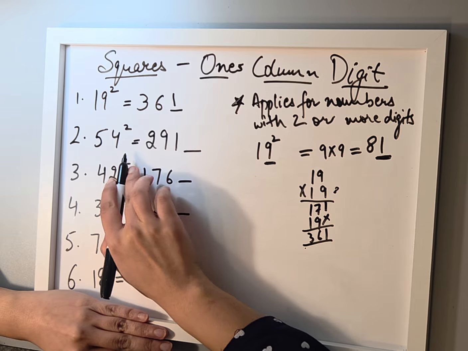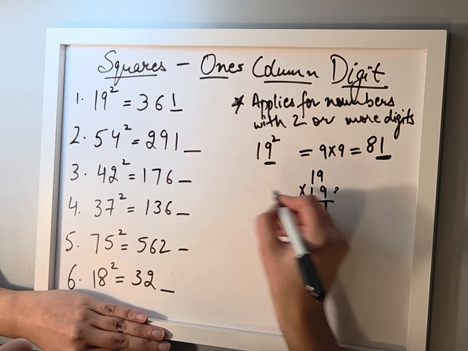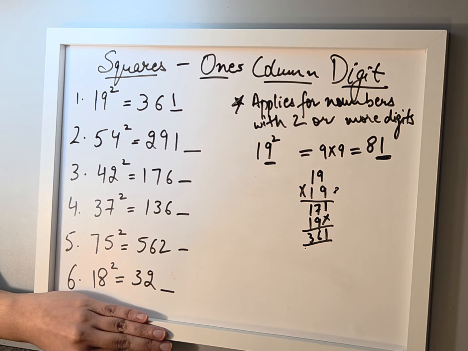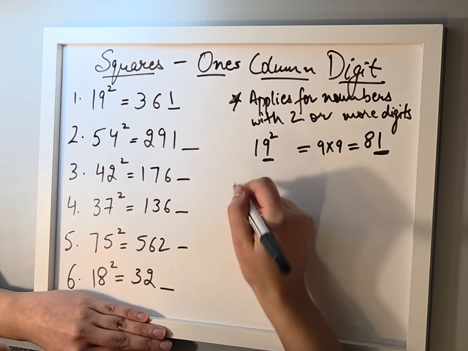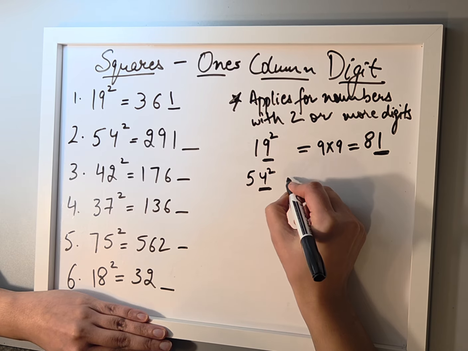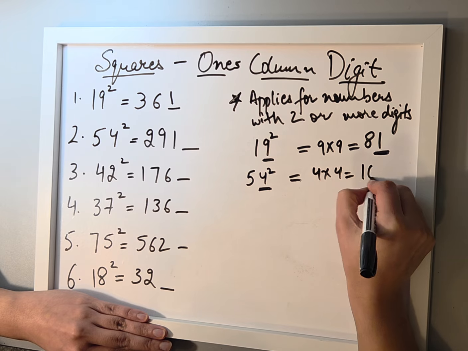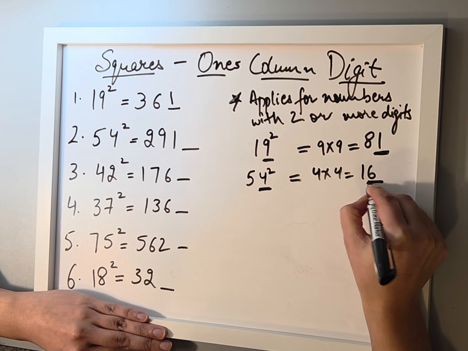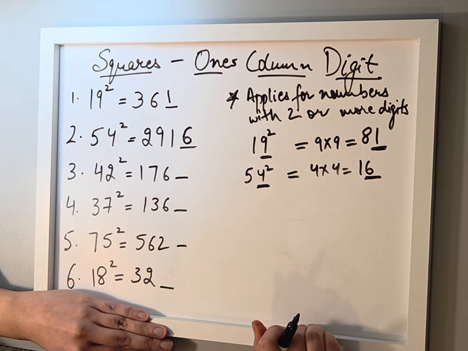54 square, we have to find the ones column. In 54 square, what is the ones column digit? 4. So we'll do 4 square, and that is 16. What is the ones column? 6. So the answer will be 6 here as well.